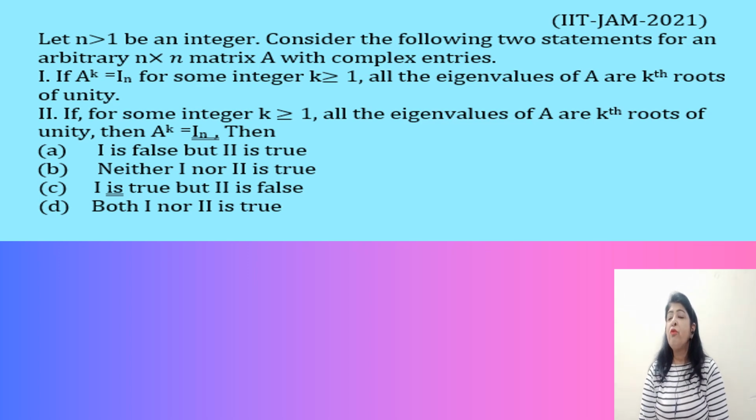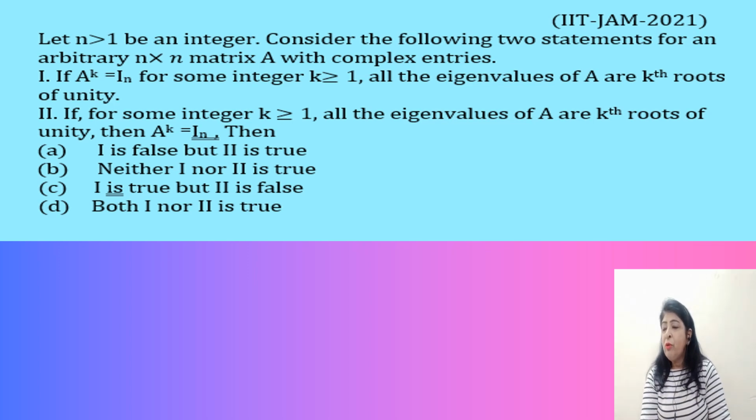Second is, if for some k greater than or equal to 1, all eigenvalues of A are kth roots of unity, then A raised to power k is equal to I_n. Which of the following is true? So two statements are given to us.